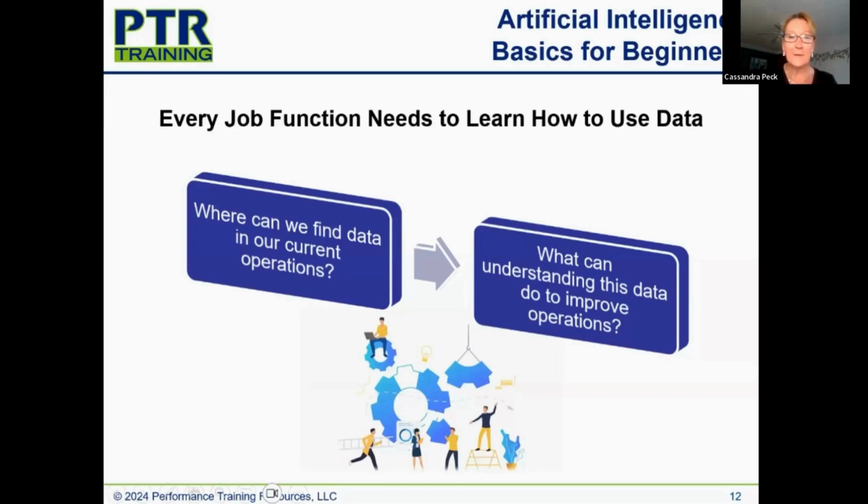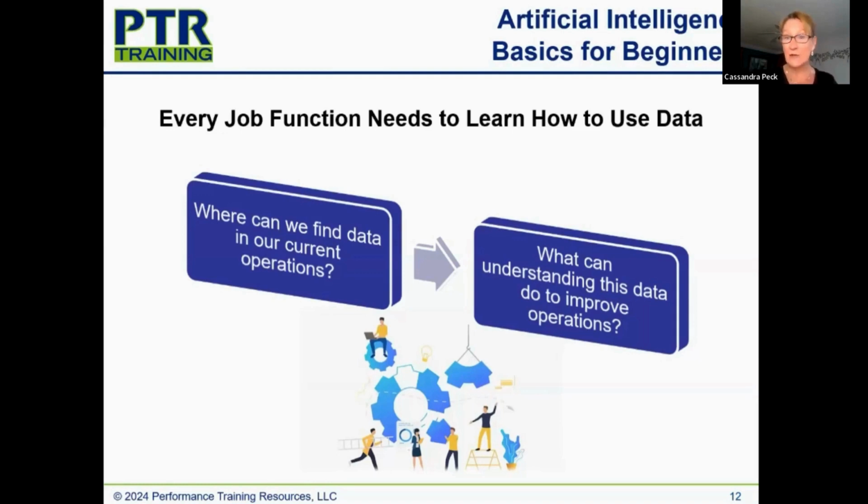100%. Let's talk a little bit about how data and artificial intelligence can help management and leadership. We'll start with that one because that's my favorite. Understanding data would really allow leaders to make informed decisions based on evidence rather than intuition alone. I say intuition alone because your experience and intuition are super important, but working in tandem with data, that helps us make the best decision.